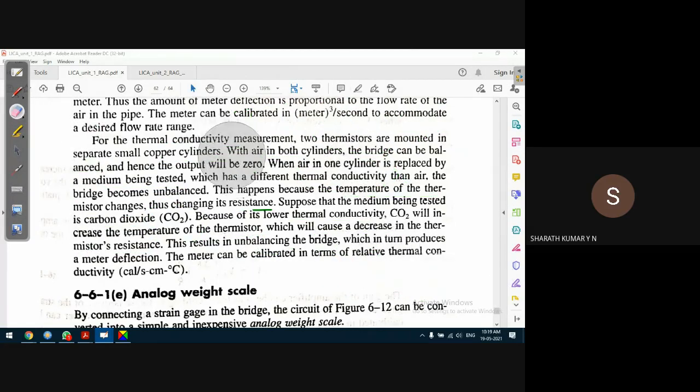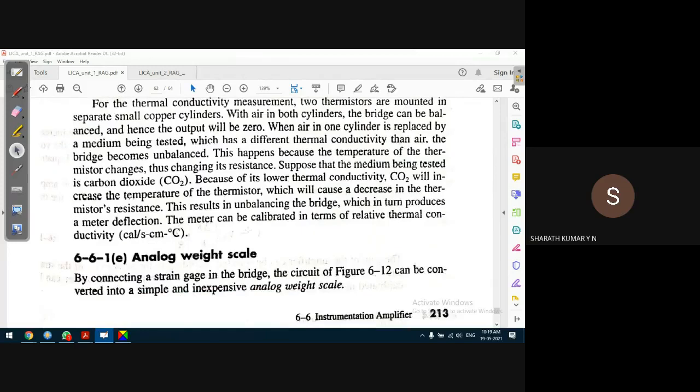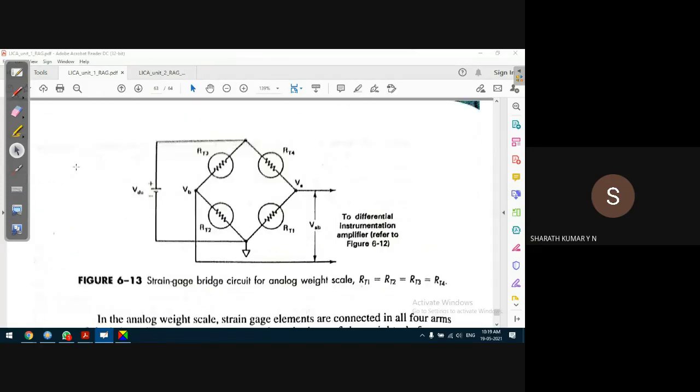There's one more application. In the next application, there is an analog weight scale. All the four arms are replaced with strain gauges. So strain gauges are placed in all the four bridge arms, and this is placed under a weighing scale.